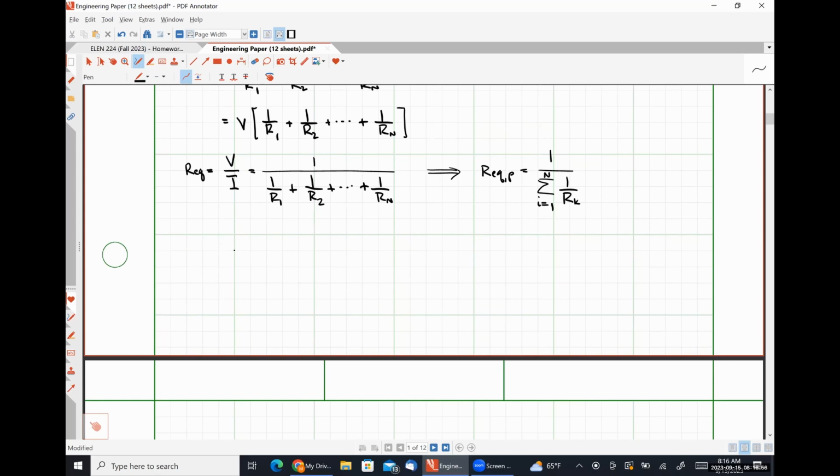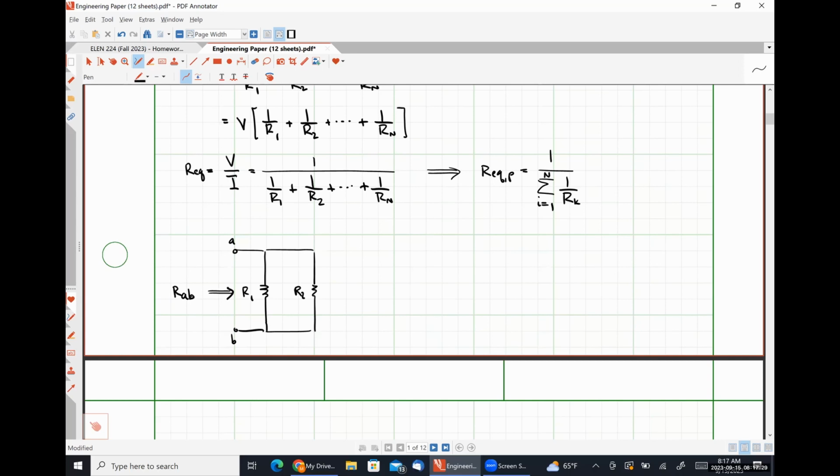Let's say that I have a network that contains exactly 2 resistors connected in parallel. So let's call this R1. Let's call this R2. Just to get you guys used to the notation, what I'm trying to find here is the equivalent resistance seen between terminals A and B. Okay.